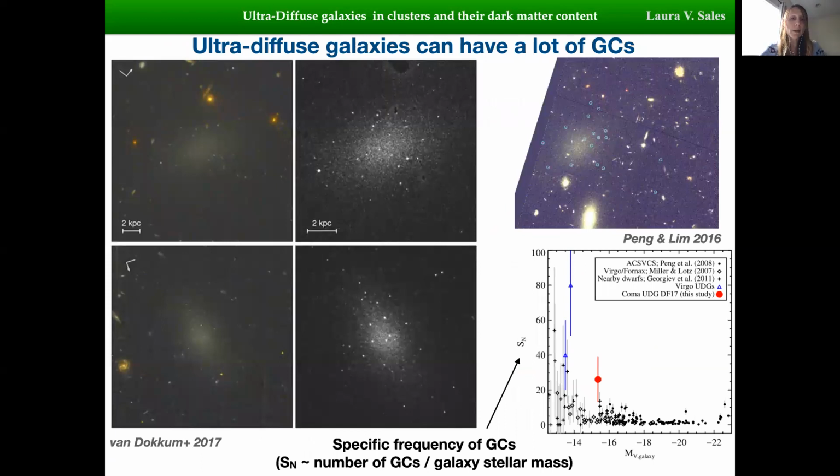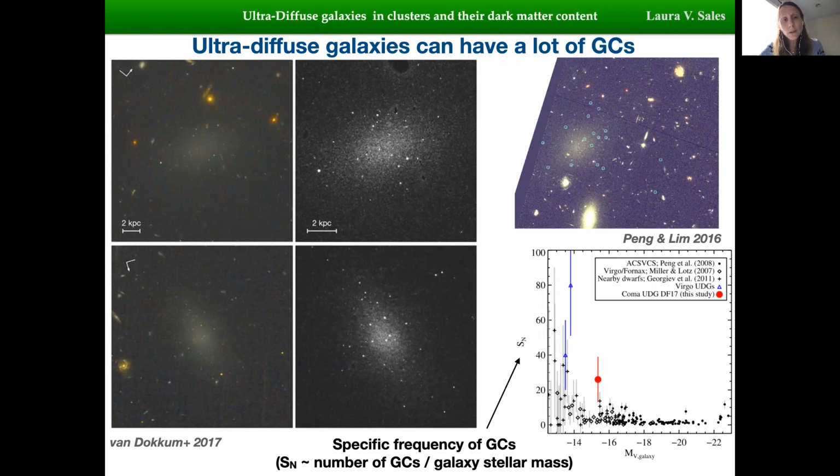Quickly after the initial discovery, of course, low surface brightness galaxies had been discovered before, but not found in so many numbers and with such uniform properties as these UDGs. So we're going to talk about the discovery of UDGs, although we have known that low surface brightness galaxies have existed before.